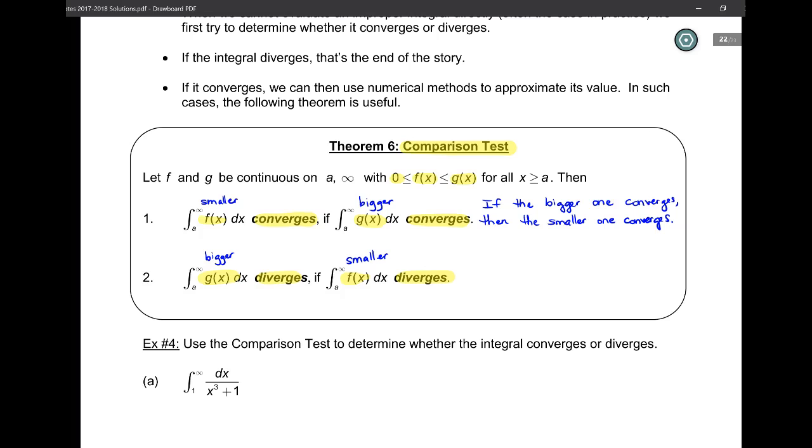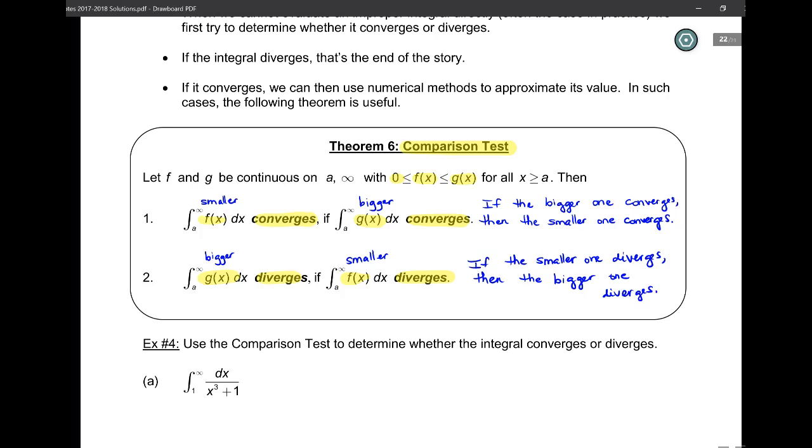Or actually, I'm sorry, I said that backwards, because of the word if. So if the smaller one diverges, then the bigger one diverges.